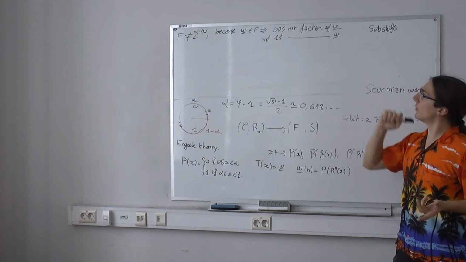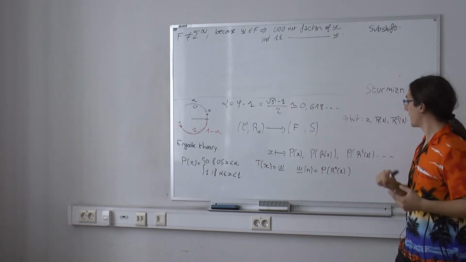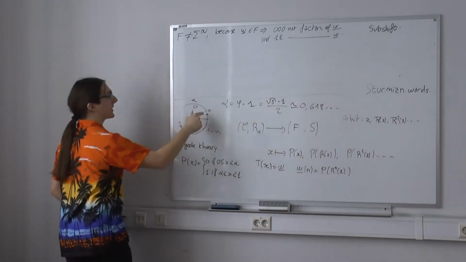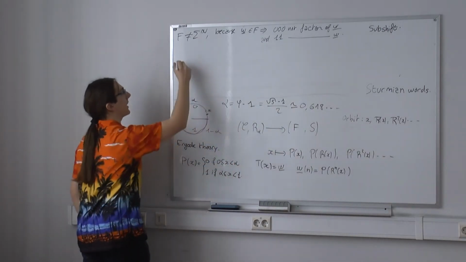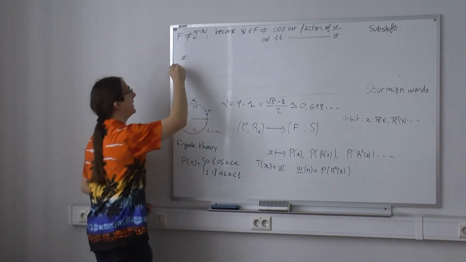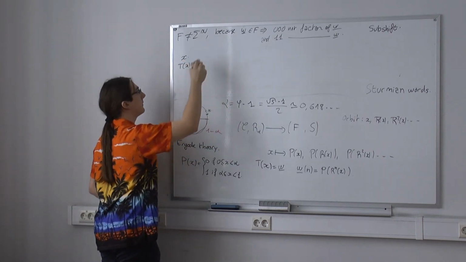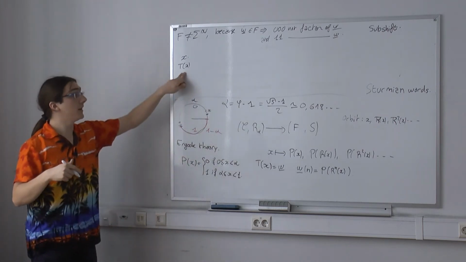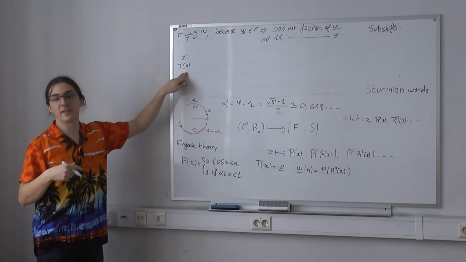So what about we compute one trajectory: we pick an x somewhere, and we try to give an explicit formula for the word. So I have some real number x. Can we try to compute t of x? I mean, I give a formula that yields the nth bit of this word.